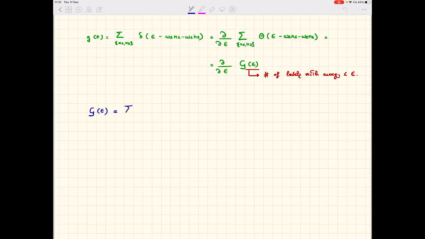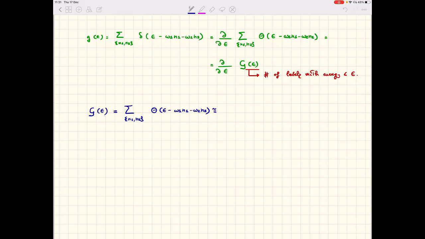So it's the sum over n1 and n2 of theta of epsilon minus omega 1 n1 minus omega 2 n2. And now I can estimate the sum if epsilon is much, much larger than omega 1 and omega 2.